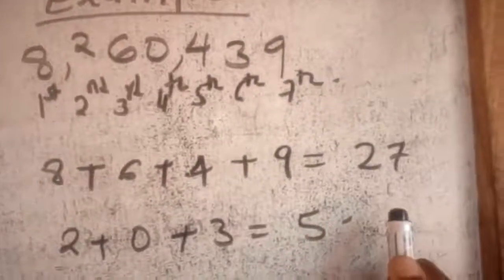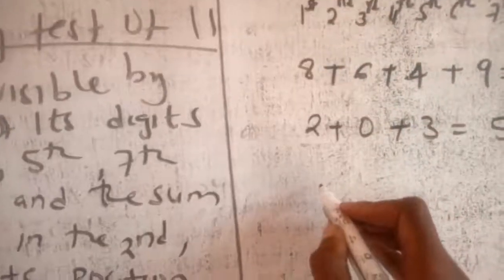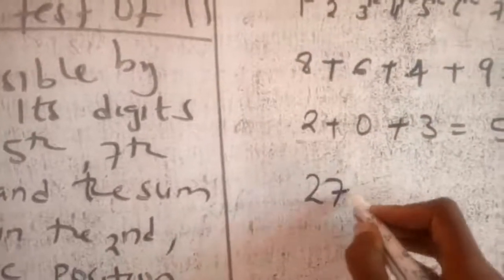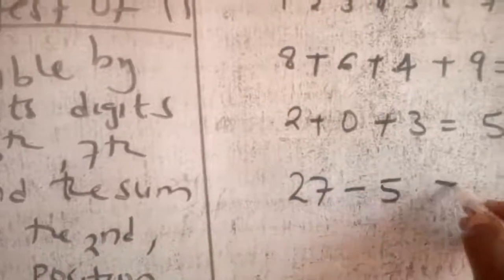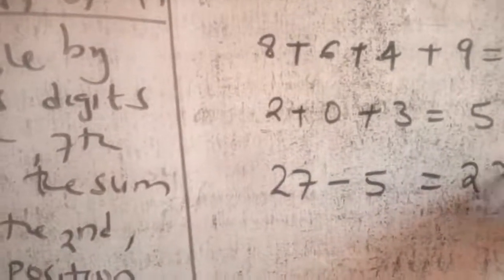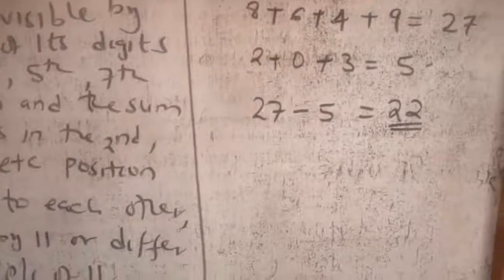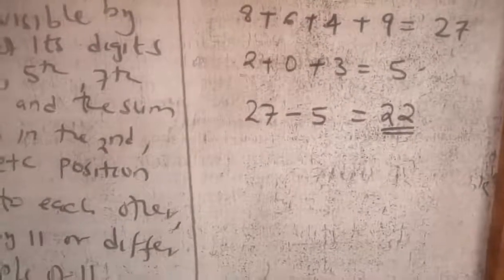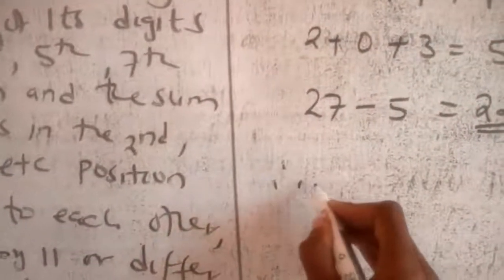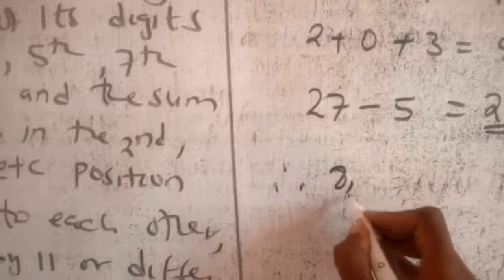Therefore you subtract 5 from 27, and you get 22. You can see that 22 is divisible by 11. 22 is a multiple of 11.